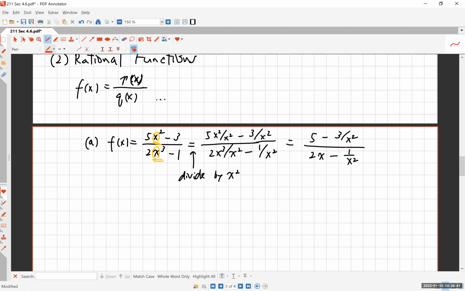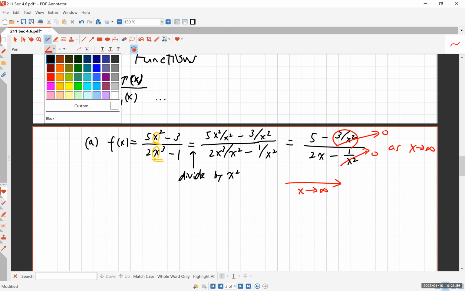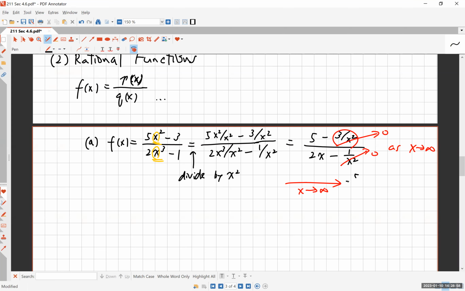But you can see that this approaches 0 and this approaches 0 as x approaches infinity, right? So let's go ahead and write this down. As x approaches infinity, this approaches 5 over 2x. Notice I didn't put an equal sign because these are not equal to each other.